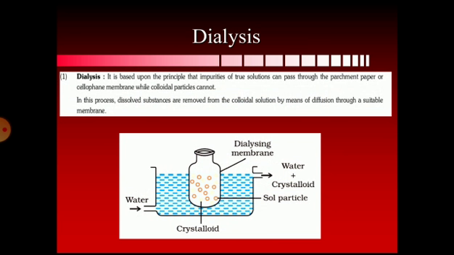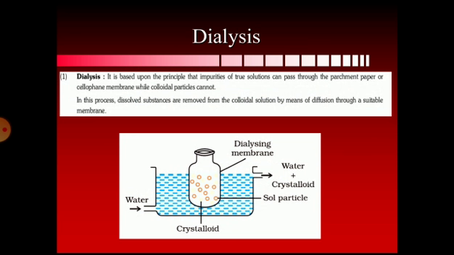The first one, dialysis. You might have heard this word dialysis, right? So what is dialysis? This process is based on the principle that impurities of a true solution can pass through the parchment paper, or you can say a filter paper, but the colloidal particles cannot pass through the parchment membrane, or animal membrane.